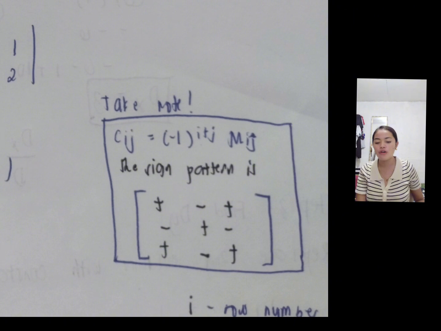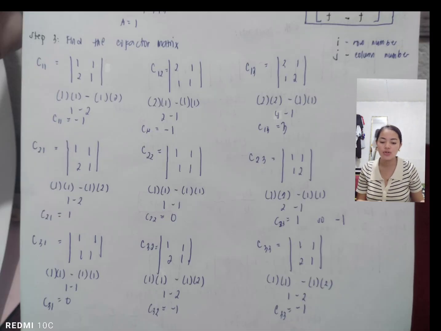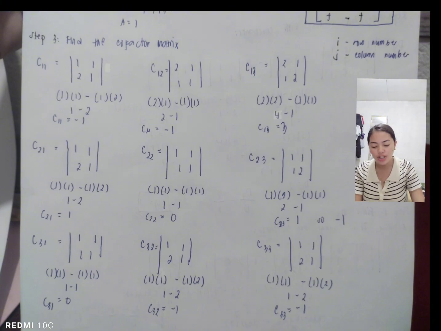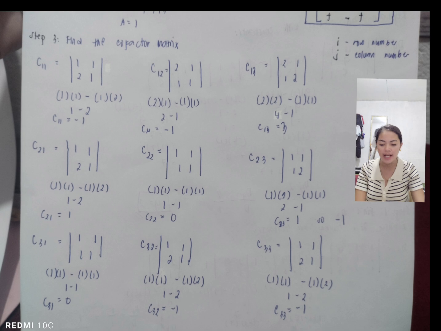For C11, for row 1 and column 1, we eliminate row 1 and column 1. The remaining items are 1, 1, and 2, 1. Cross multiplying, you get C11, which is -1.